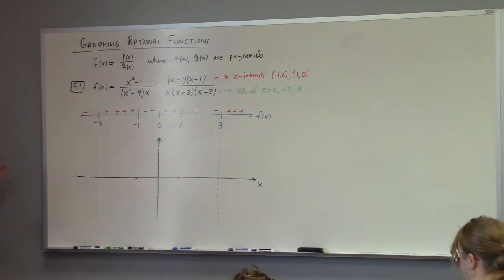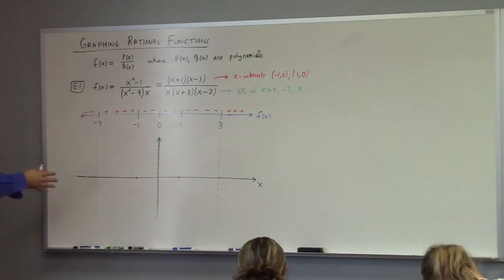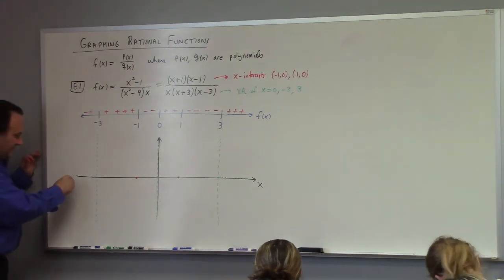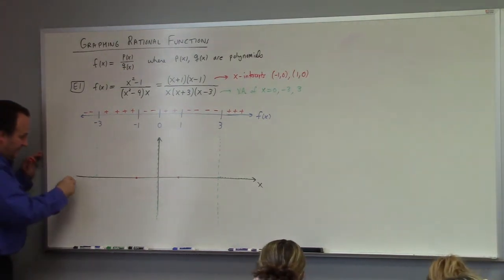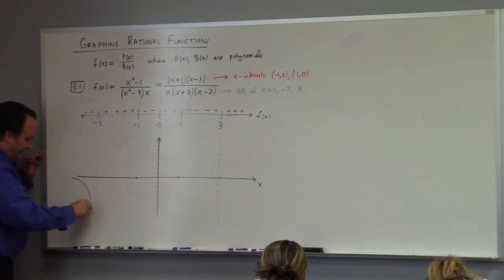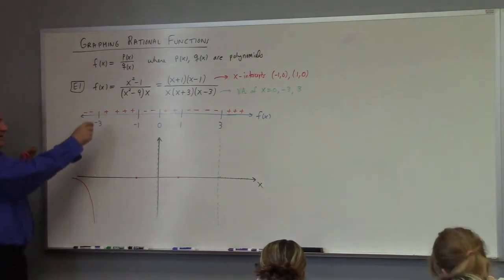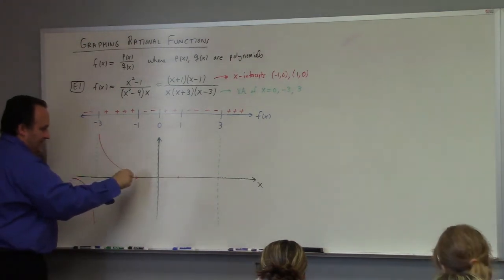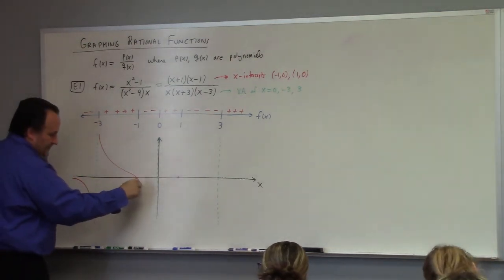Now I just have to go through those dots and respect the asymptotes, all right? And here's how it goes. It's negative over here, so it's got to be below the x-axis, but it goes down like that. Then it's positive over here, like this. Has to cross through the axis right there, and then it goes like that.